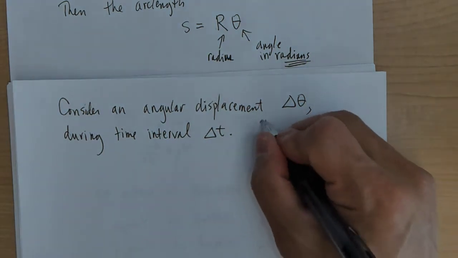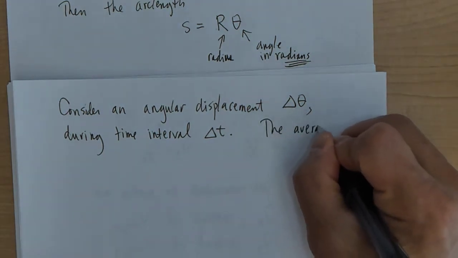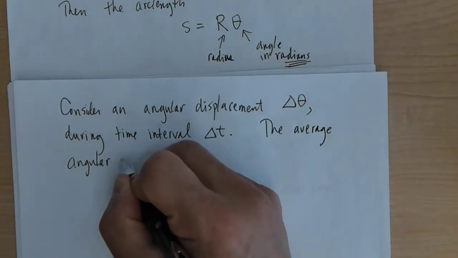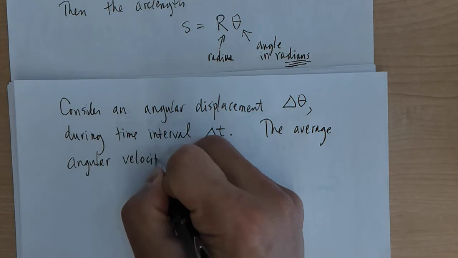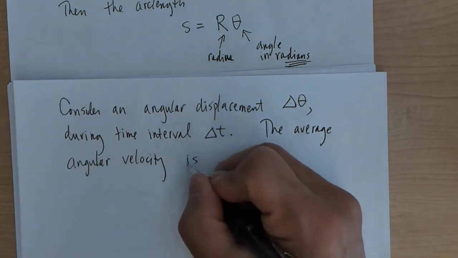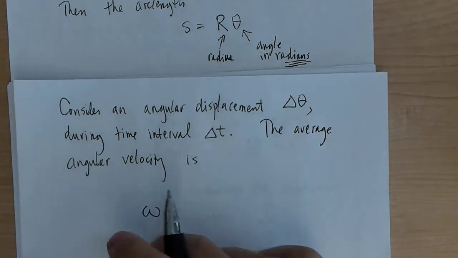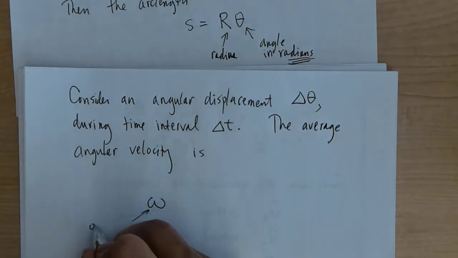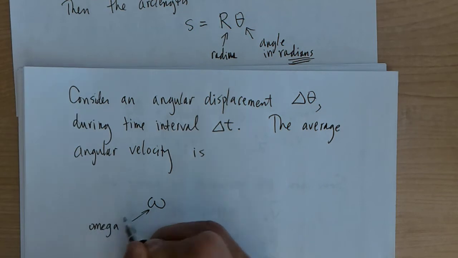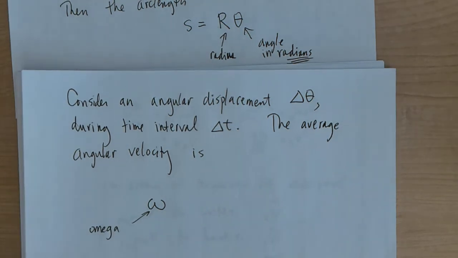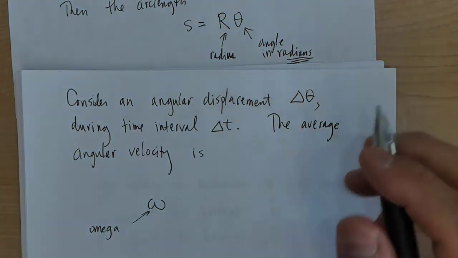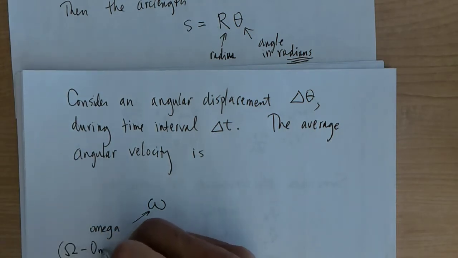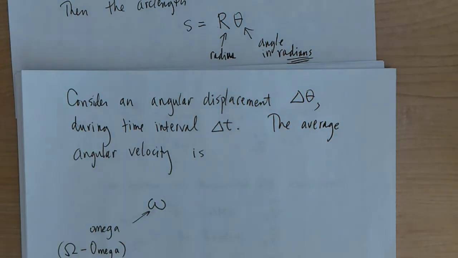The average angular velocity is, and I'm going to use this notation, this symbol is a small omega, the Greek letter omega. If you're wondering what the capital symbol for omega is, by the way, it looks like this. That's for capital omega, but this is the small omega.